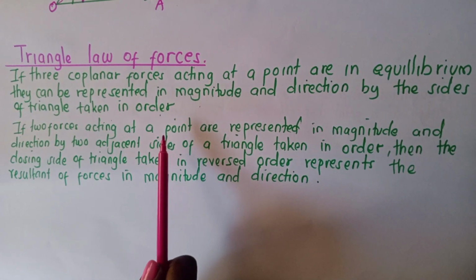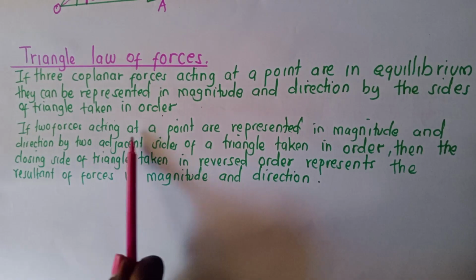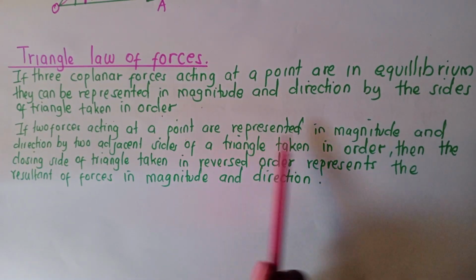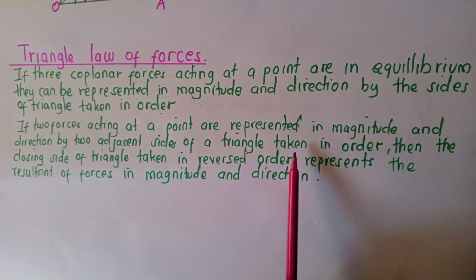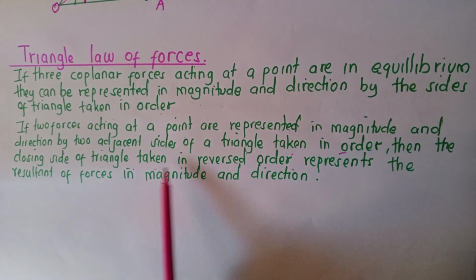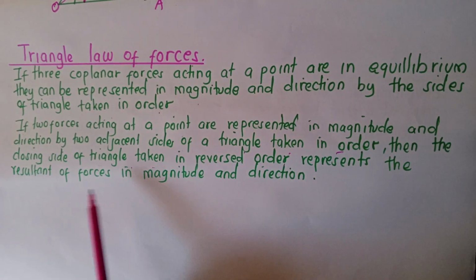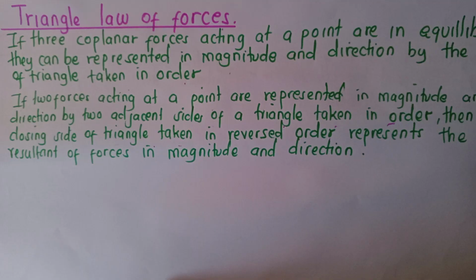You can also give that law as: if two forces acting at a point are represented in magnitude and direction by two adjacent sides of a triangle taken in order, then the closing side of the triangle taken in reverse order represents the resultant of the forces in magnitude and direction.